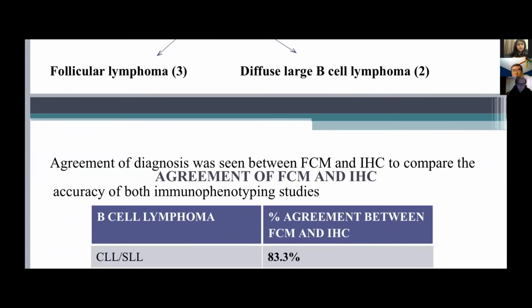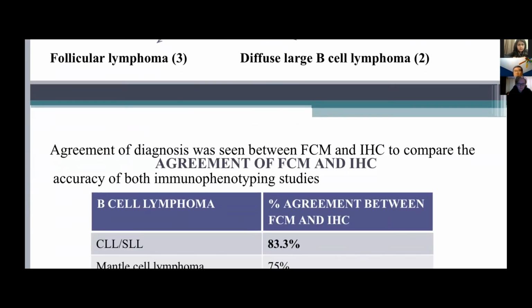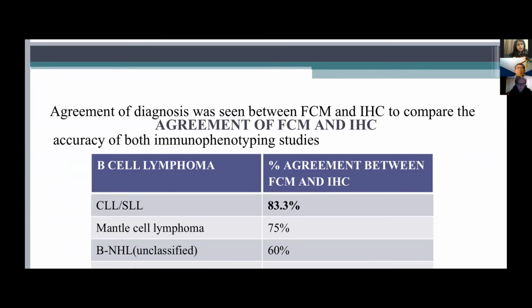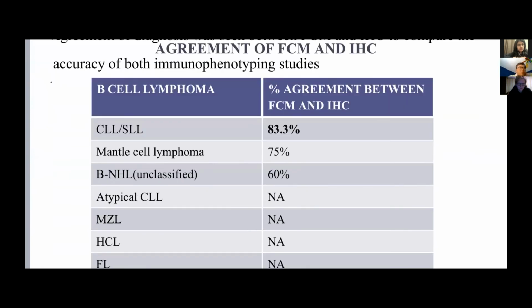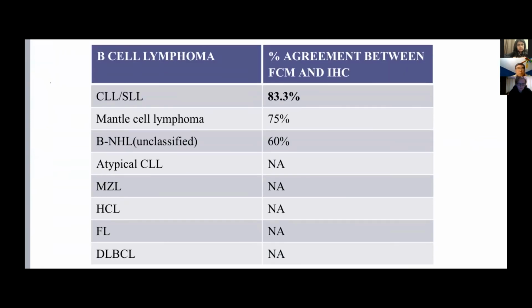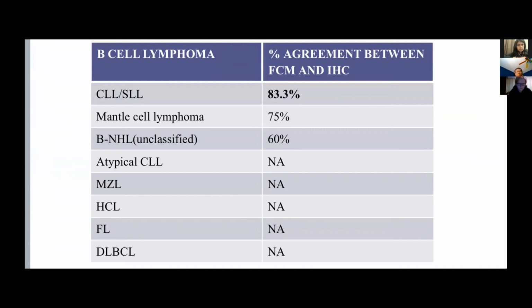Okay, after using IHC following flow cytometry, agreement between the diagnoses was assessed between both studies to see the accuracy of immunophenotypic findings. The percentage agreement between flow cytometry and IHC was highest among the cases of CLL, at 83.3%, followed by mantle cell lymphomas and unclassified cases.